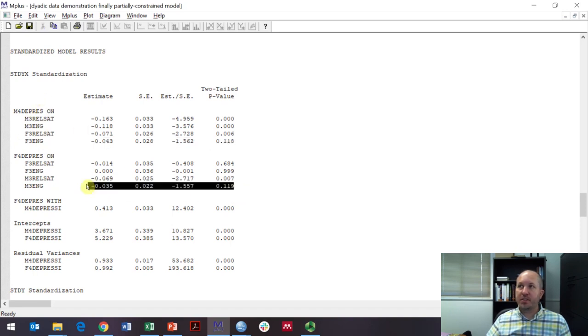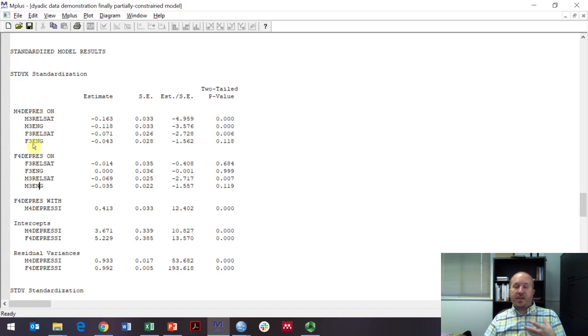And because they're the same, we'll see the same thing down here, that this is not significant, mother's engagement to father's depression. So in this fake data, engagement is not significantly associated with partners' reports of depression. So my own engagement is not significantly associated with or predictive of my partner's reports of depression 1 year later.